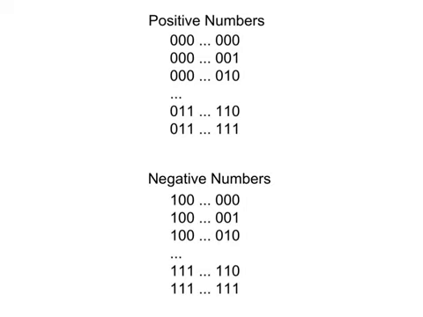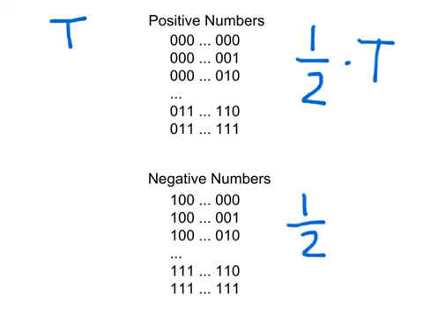So let's look at it a different way. If we have a total number of possibilities, which we're going to call t, then the total number of possibilities where the sign bit is set to 0 is going to be exactly 1/2 of t. The total number of possibilities where the sign bit is set to 1 is also going to be 1/2 of t.